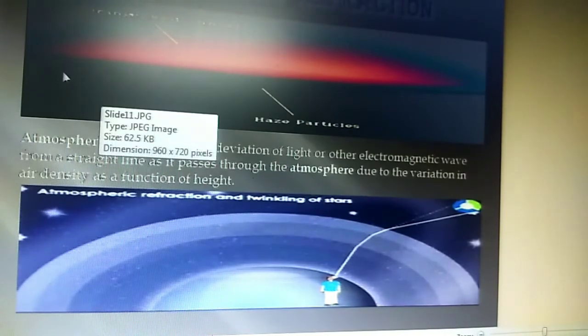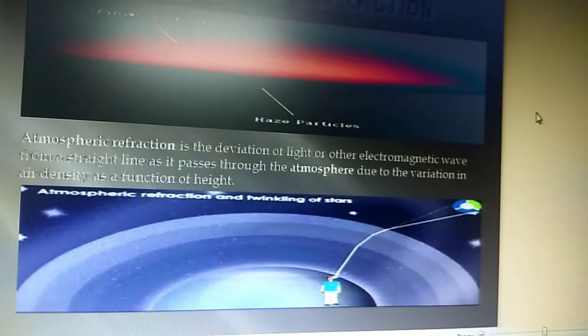Due to atmospheric refraction, the sun appears to be oval in shape during sunset and sunrise. Why is this happening? What is the reason? Because of atmospheric refraction. During sunset and sunrise, the sun will be at the horizon. The light rays coming from the sun, from the upper and lower edges of the sun, bend unequally while passing through the atmosphere.